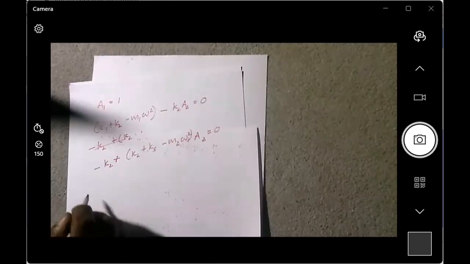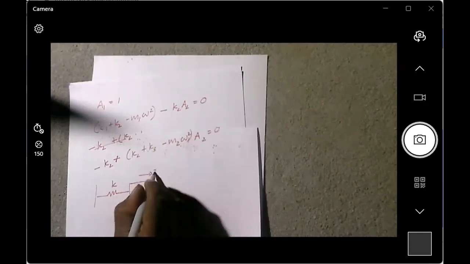So to do that, let's do a small example. Understand what's going to happen here. So this is the example.